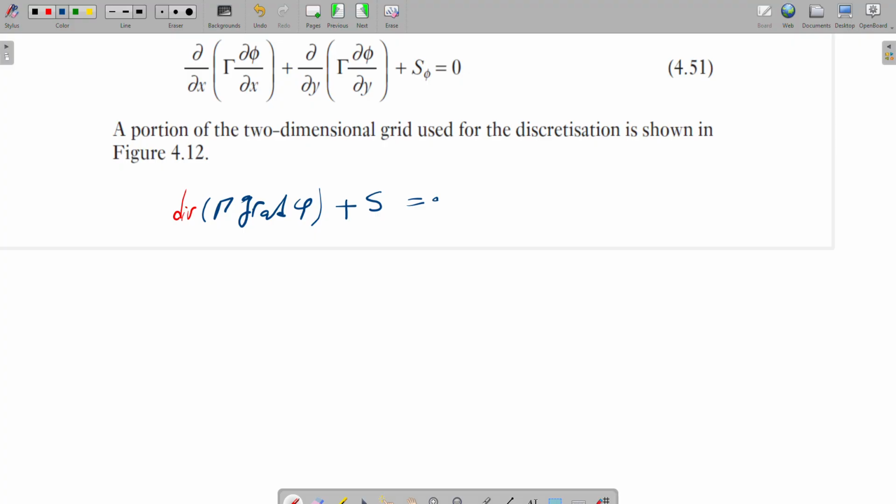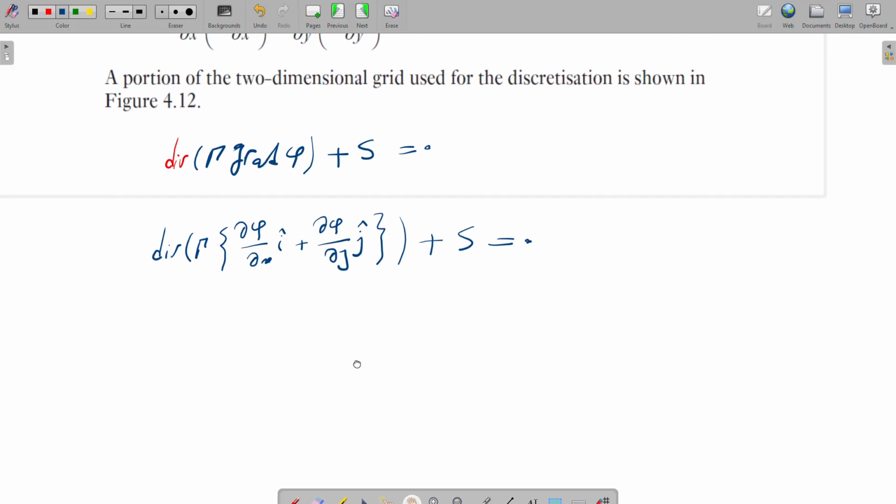In two-dimensional, this divergence gamma gradient phi is d/dx of gamma dphi/dx i plus d/dy of gamma dphi/dy j, plus the source term S equal 0.